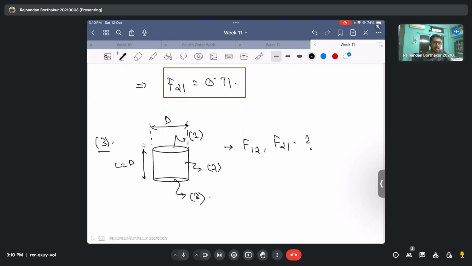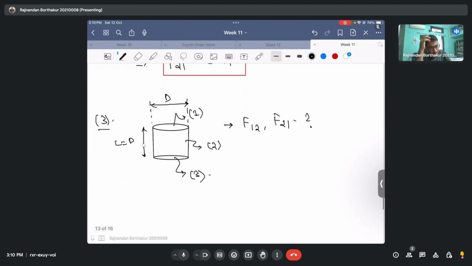So let's start by trying to solve F12, where F12 is nothing but the fraction of radiation that is leaving surface 1 that is intercepted by the second surface. As a first step, let's go ahead and apply the view factor summation rule in this context.